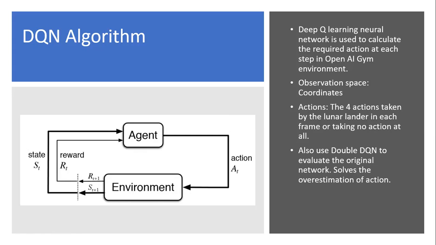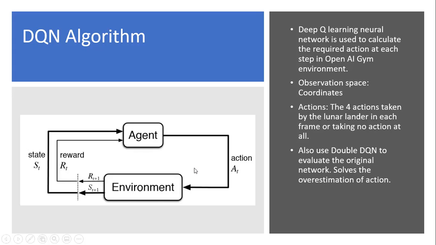And here, the observation space are the coordinates, and the action that takes place by the lunar lander in each frame are 4 actions. I have also used double DQN to evaluate the original network. This solves the overestimation problem.